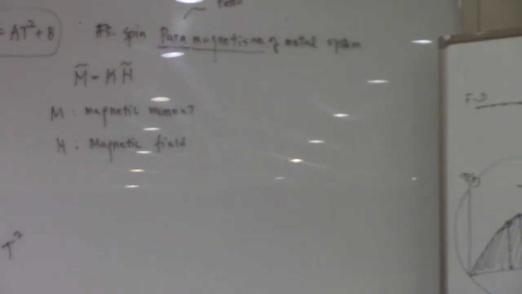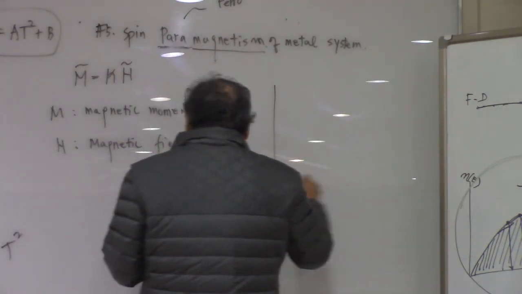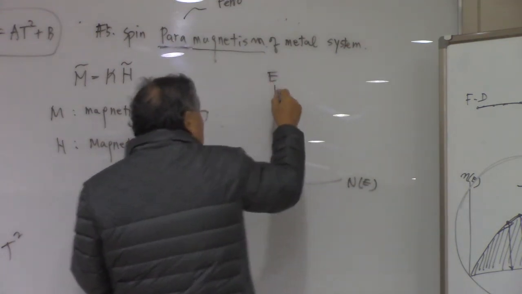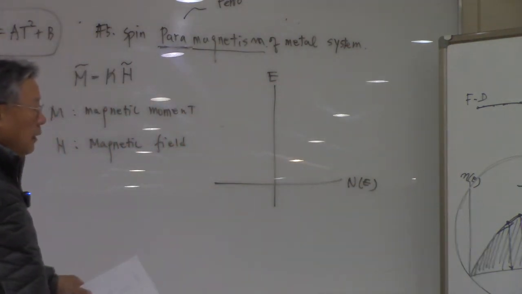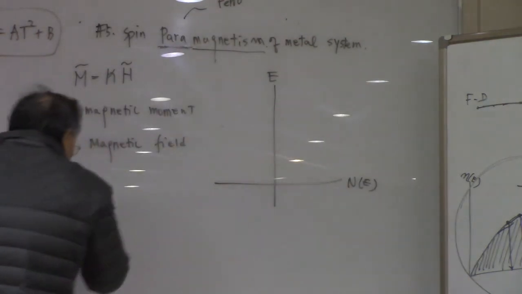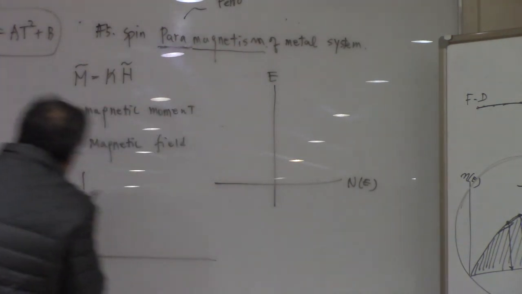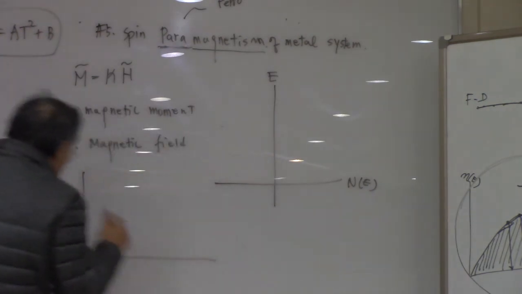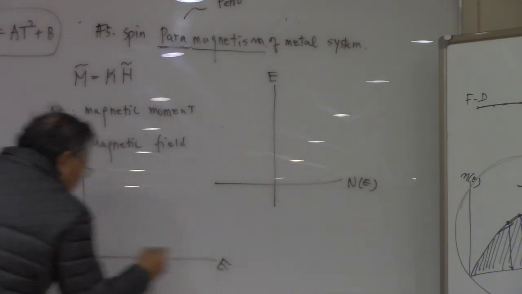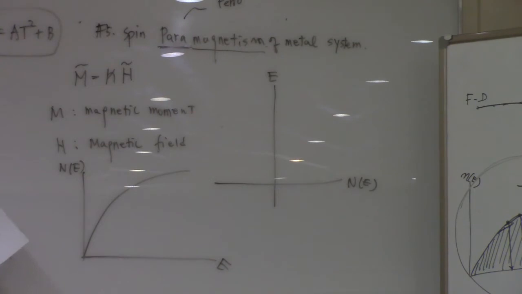So if you make a free electron band model for this, if you plot E versus N(E) in this fashion, we plotted N(E) versus E, and we are very familiar with this curve, right?